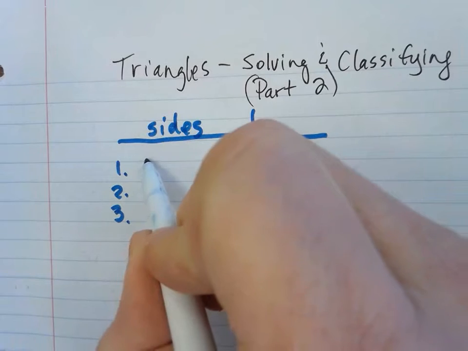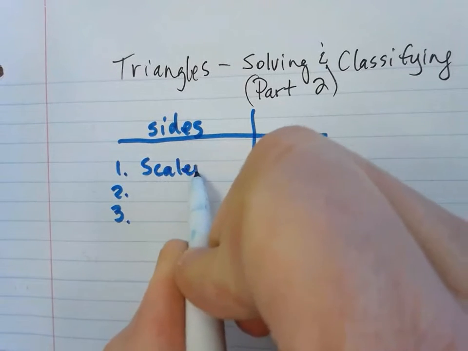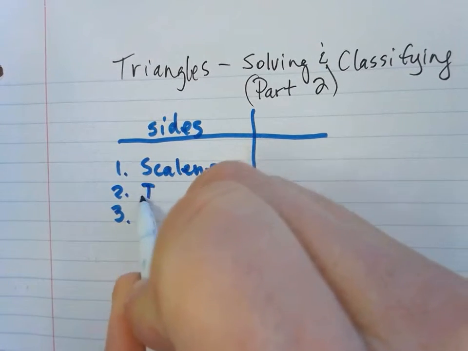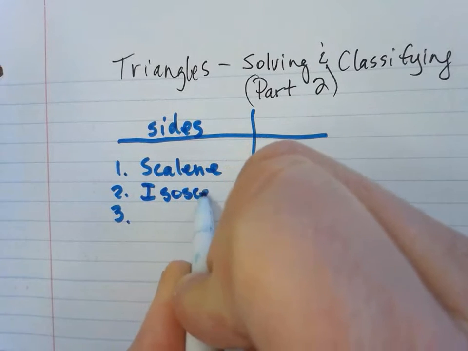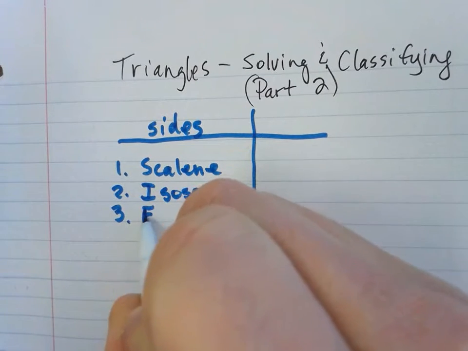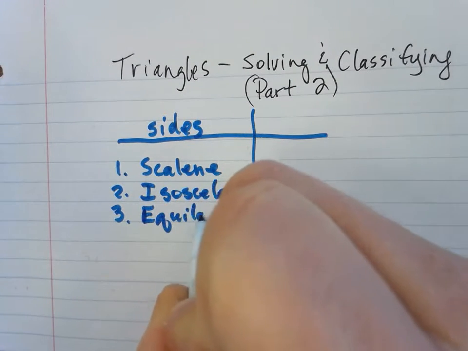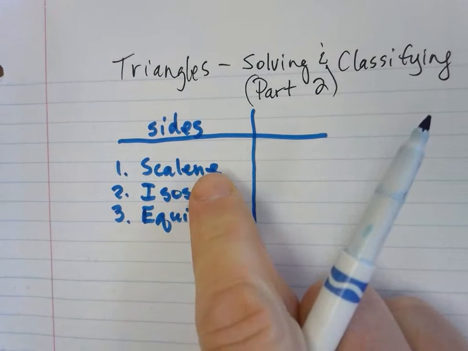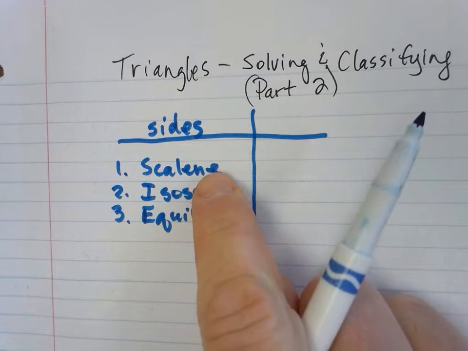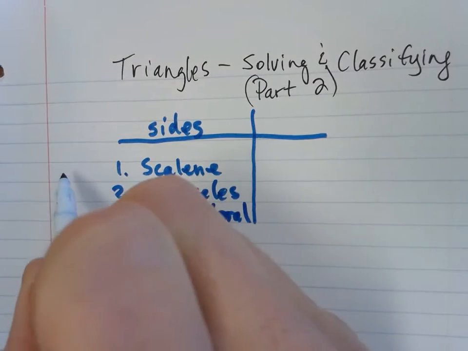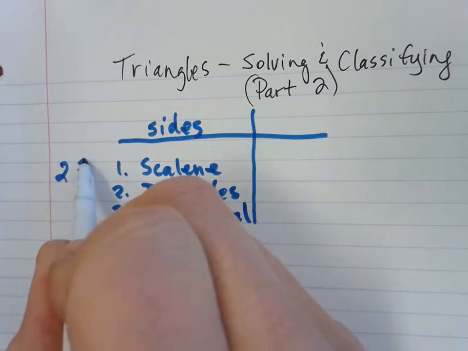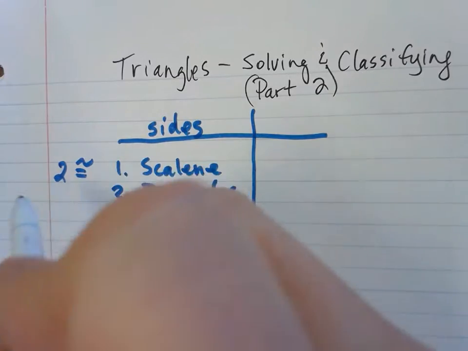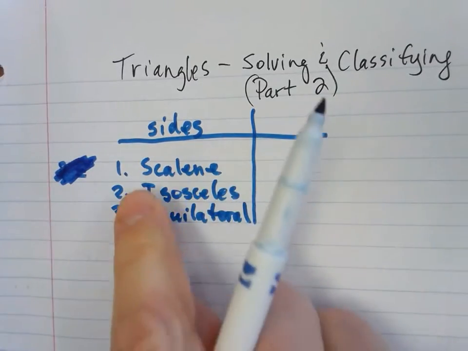They can be scalene, they can be isosceles, they can be equilateral. Alright, if they've got two angles the same or two sides the same, that's... scalene, my bad.